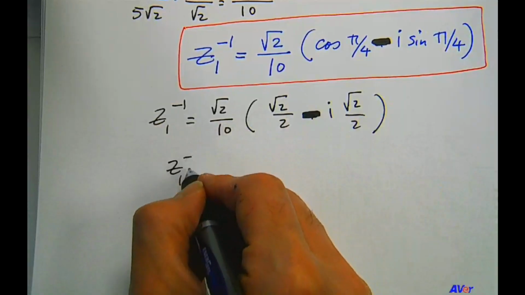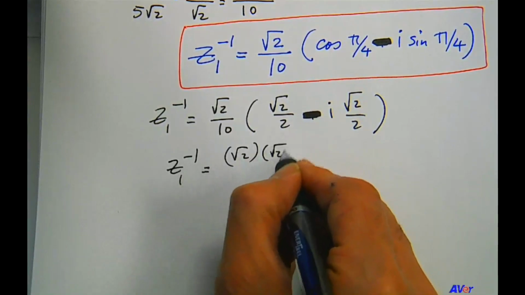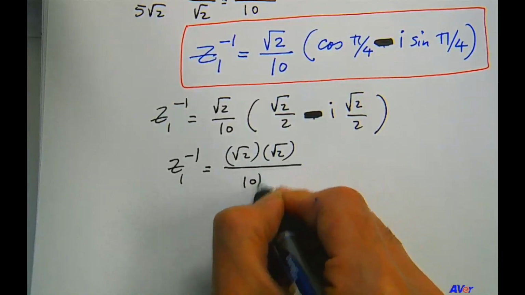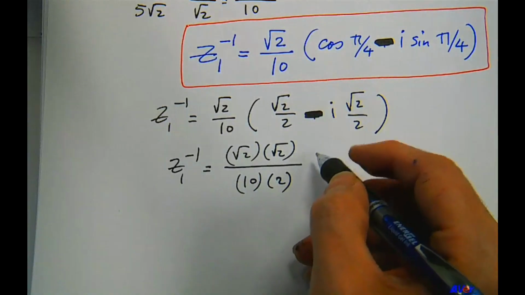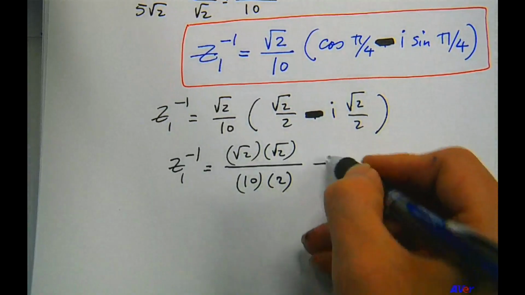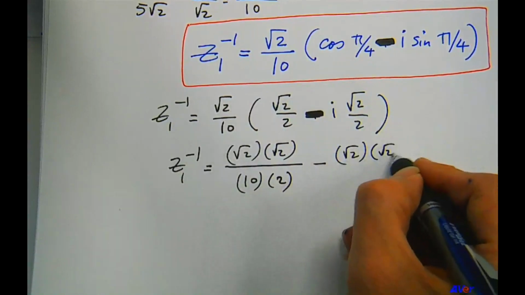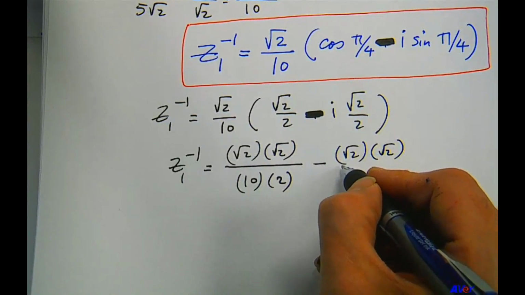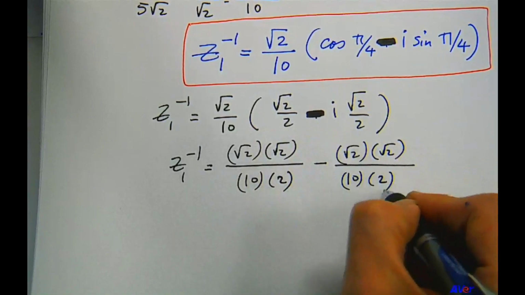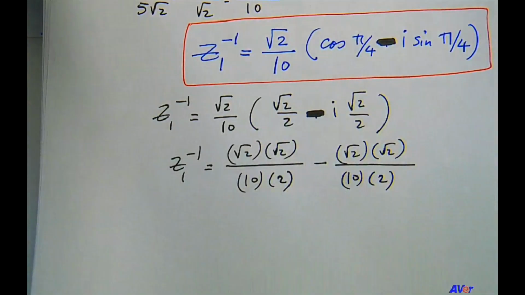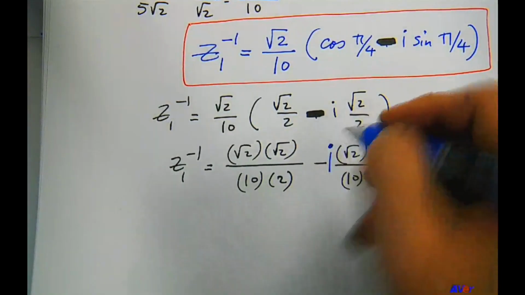So z1 inverse is equal to square root of 2 times square root of 2 over 10 times 2, and minus square root of 2 times square root of 2 divided by 10 times 2, and of course i. Let me not forget to put the i here, right?